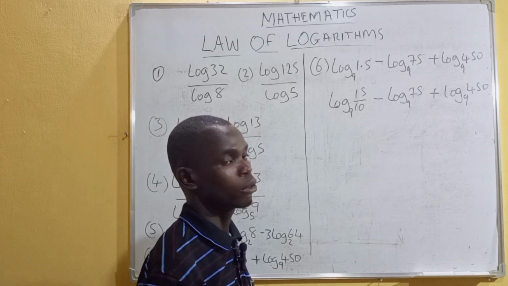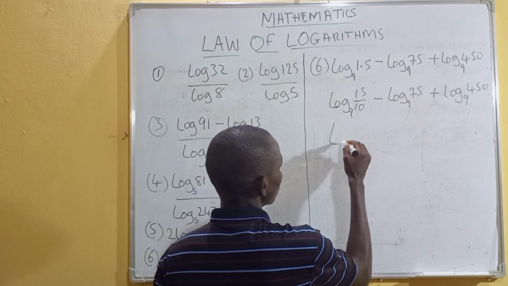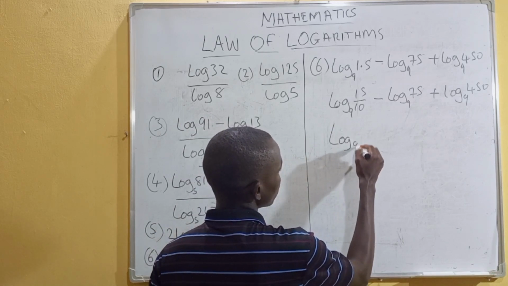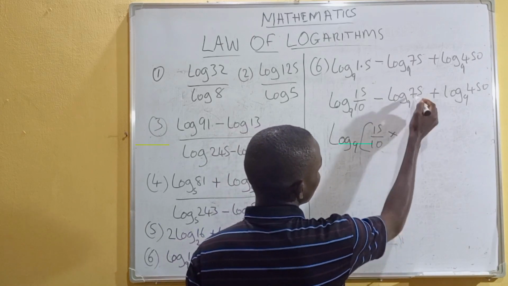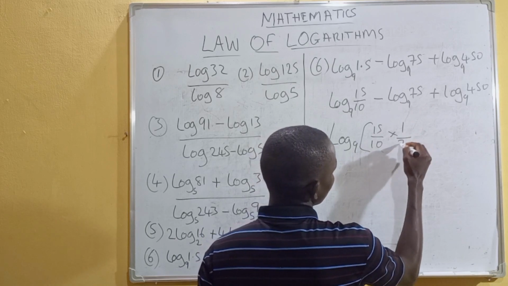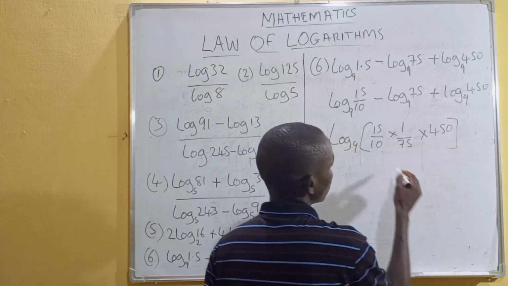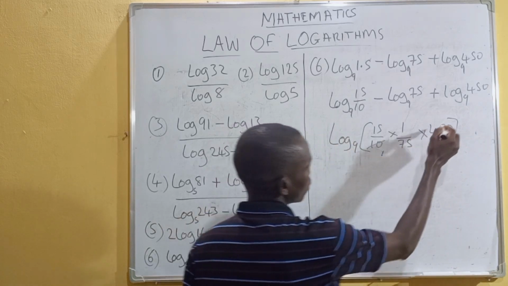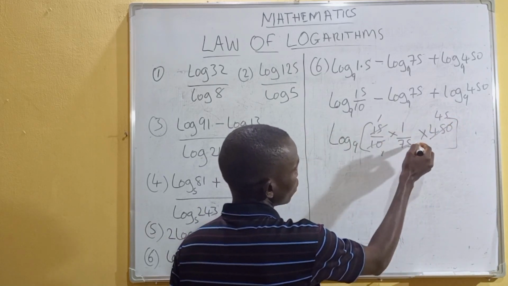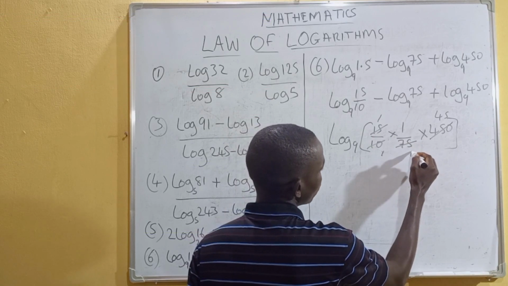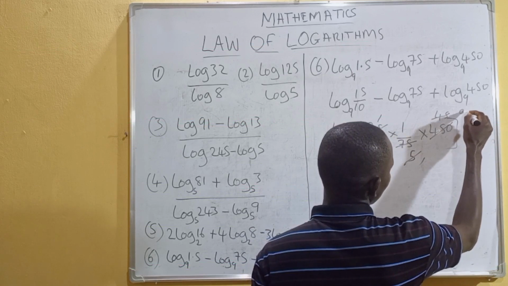So here, we'll use the law of logarithm, which will be the common log of the base, which is 9, now 15 over 10 times 1 all over 75 times 450. 10 here we have 1, 10 divided into 450 we have 45. 15 here we have 1, 15 divided into 75 we have 5. 5 here we have 1, 5 going into 45 we have 9.